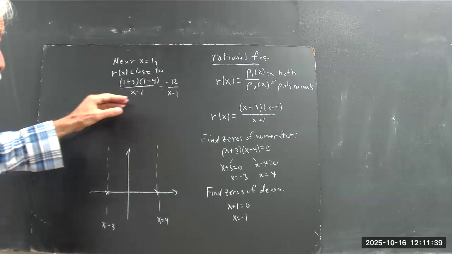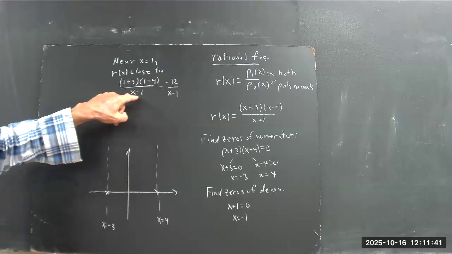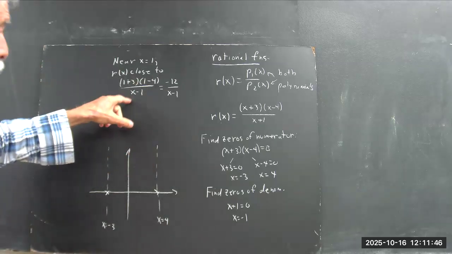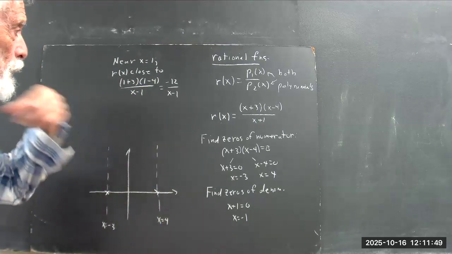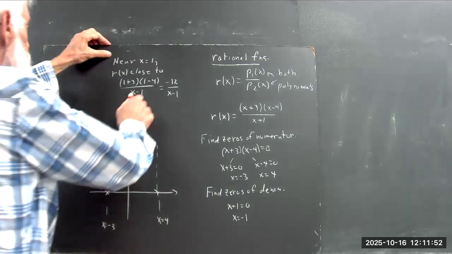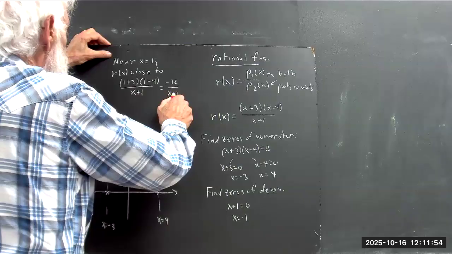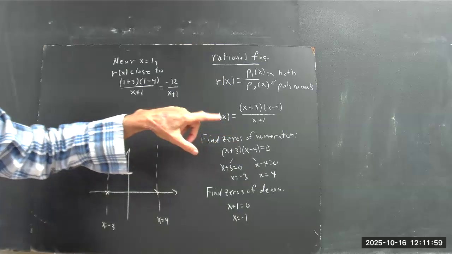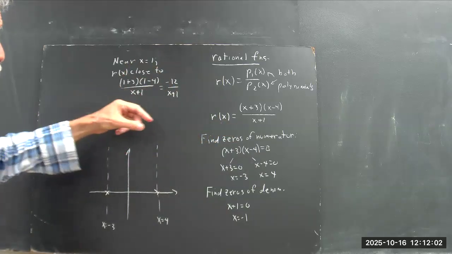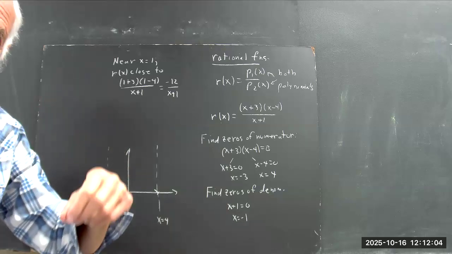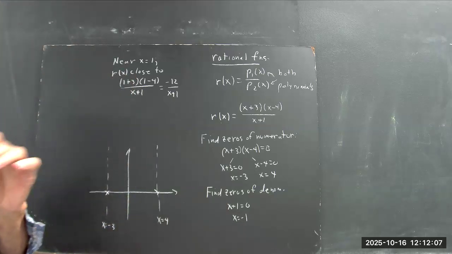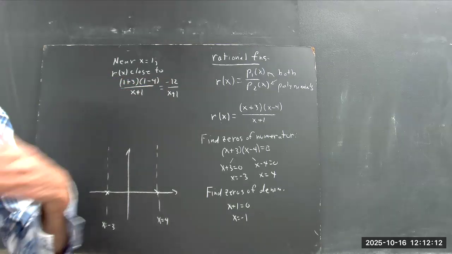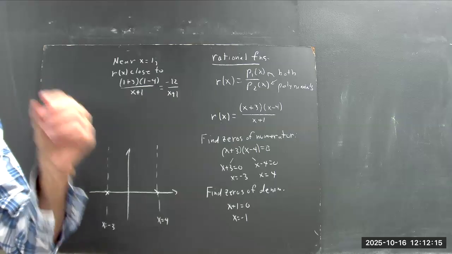And the point is, when x is changing near x equals -1, it's never actually equal to -1. I'm sorry, when x is changing near x equals 1. Now it's x minus 1. It's supposed to be x plus 1. Right there, I could have seen it. Okay. Again, when x is close to -1, like -0.99, -1.01, numbers real close to -1, then these numbers are real close to -12. And they don't change much if you keep x really close to -1.